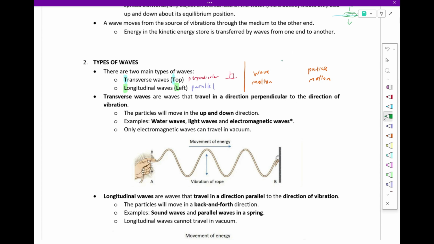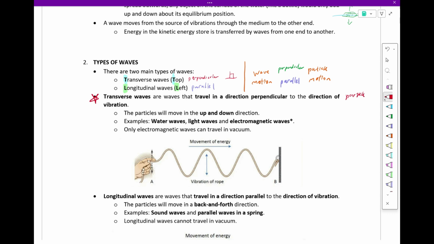So if you are transverse, your wave motion is perpendicular to particle motion. If you are longitudinal, your wave motion is parallel to particle motion. You can see the definition right below here. Transverse waves are waves that travel perpendicular to the direction of your particle vibration. So maybe you can just add the words particle vibration here.